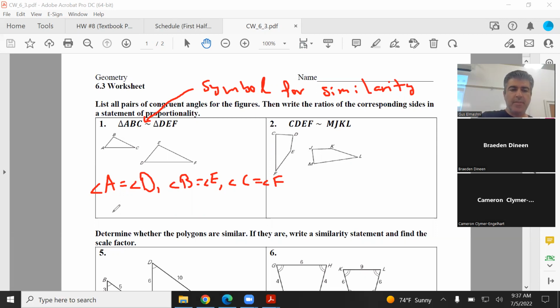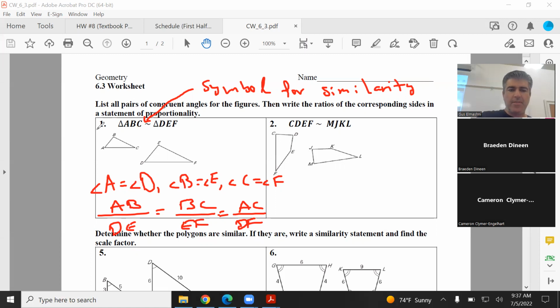Then AB over DE equals BC over EF equals AC over DF.